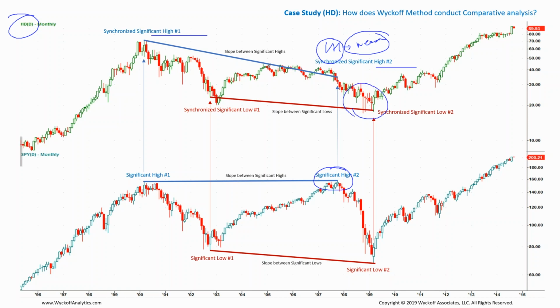We just know that being weaker suggests that we might see some kind of outperformance to the downside. And initially, right here, we were underperforming. When the market was still creating new highs, look at how Home Depot already was going down.